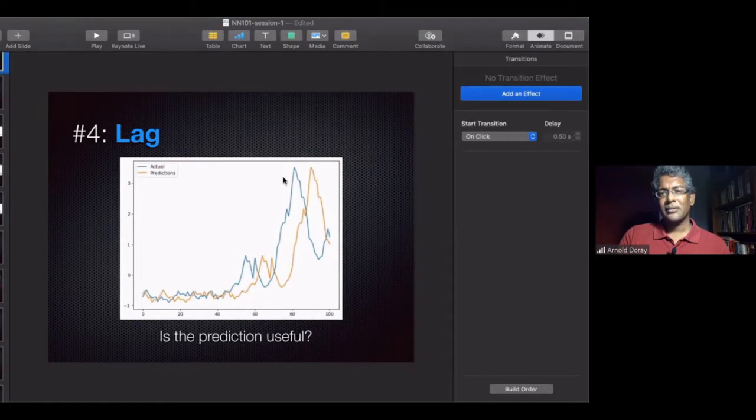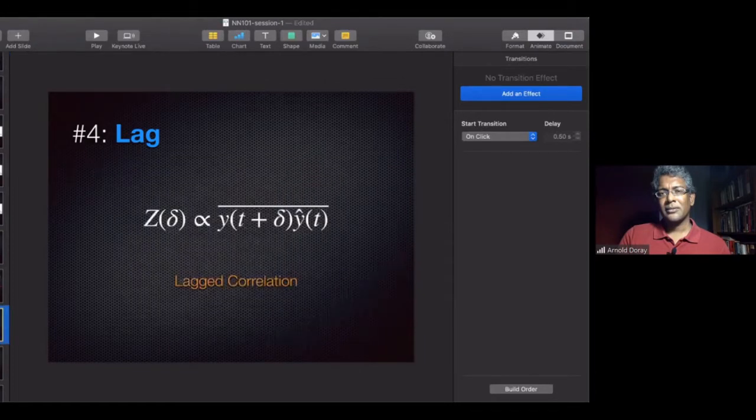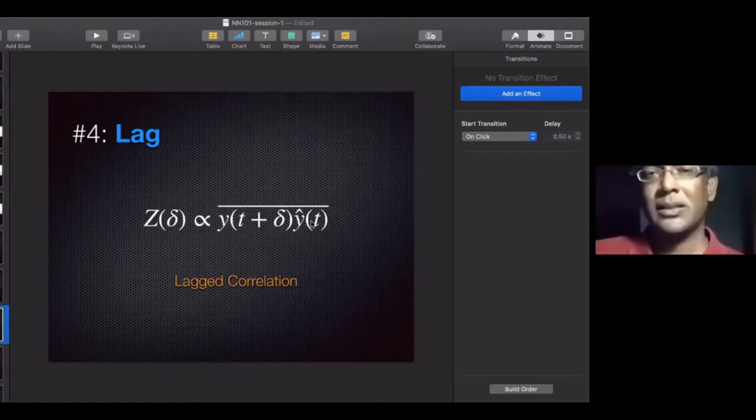So the covariance here is simply a measure of correlation, agreement. When there's a lot of agreement, this number is large. When there's not much agreement, this number is much smaller.